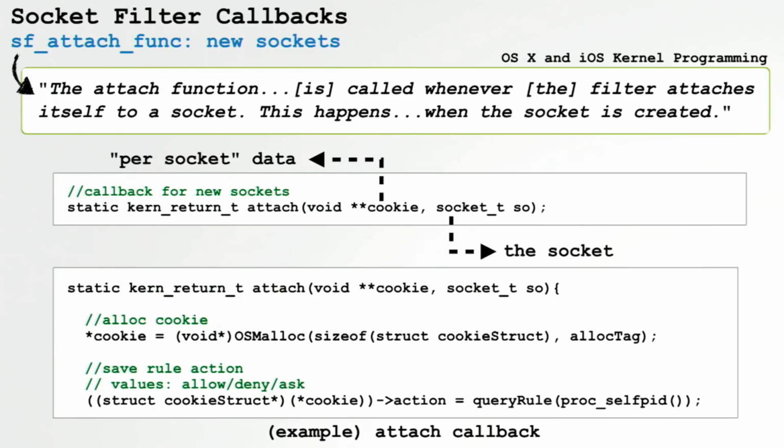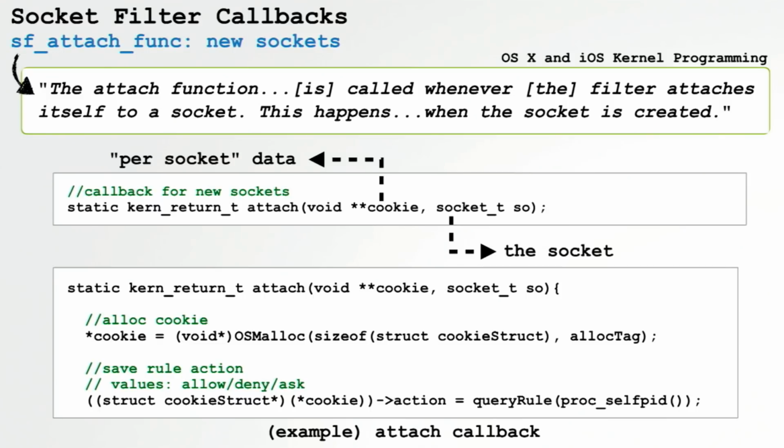All right, so now let's talk about these callbacks, which, as I mentioned, once your socket filter is installed, the operating system will automatically invoke when socket actions occur, allowing your firewall to examine and either allow or block these events. First up, we have the attach callback. As the slide mentioned, this is called anytime a socket is created, and it's called with the actual socket and also a cookie parameter, which can hold any socket-specific data.